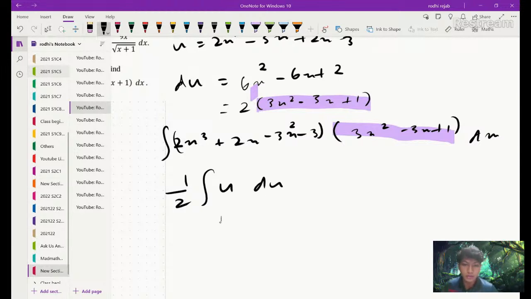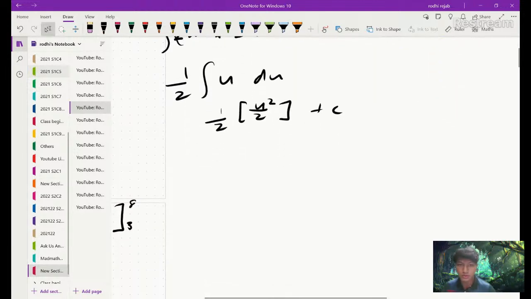So if we integrate it, we will get u squared over 2 plus c. So we just substitute the value of u based on the question.